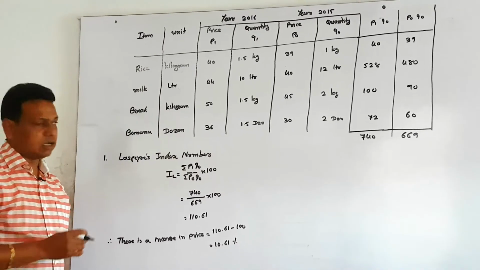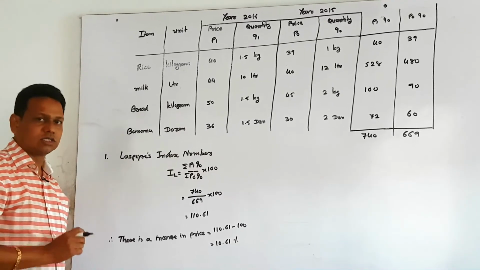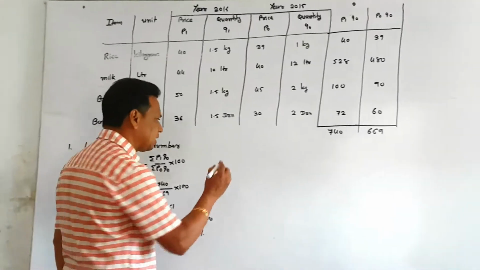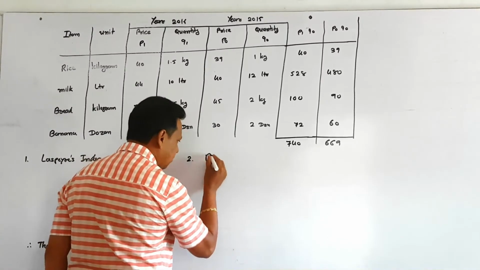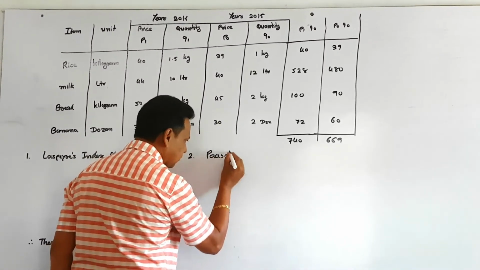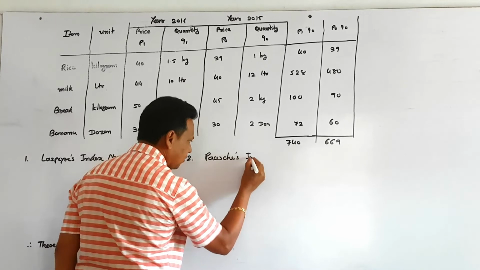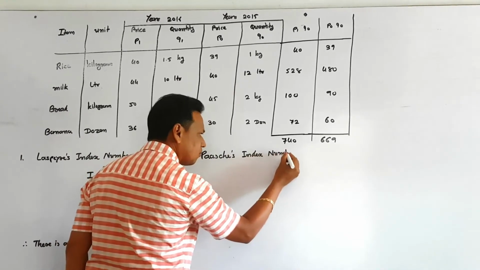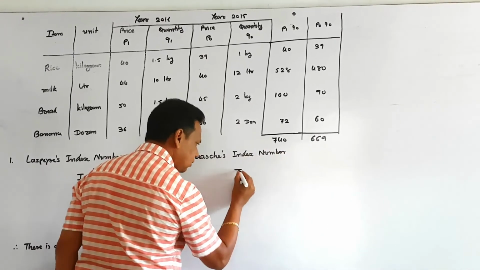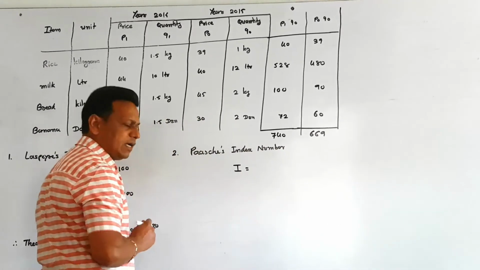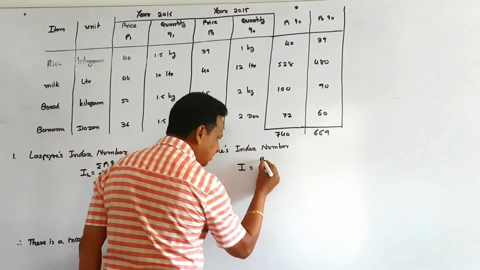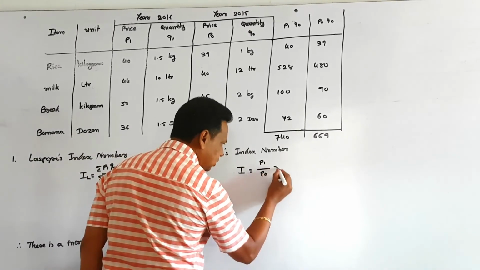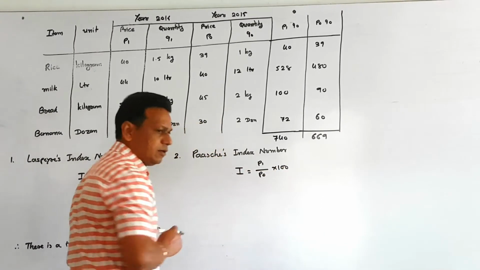Now as per the question, we also have to find out the Paasche index number. Second calculation I would like to make here, Paasche. The original formula to find out index number is I equal to P1 by P0 into 100.